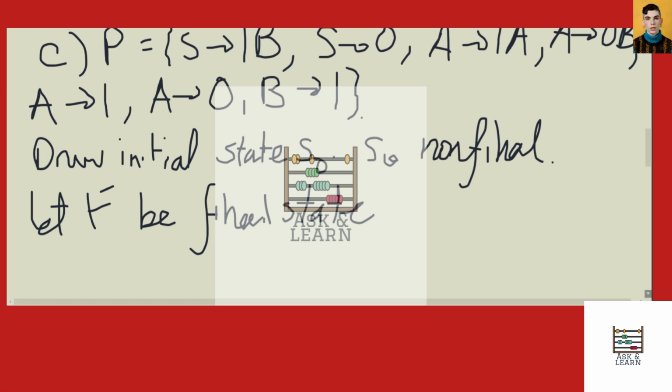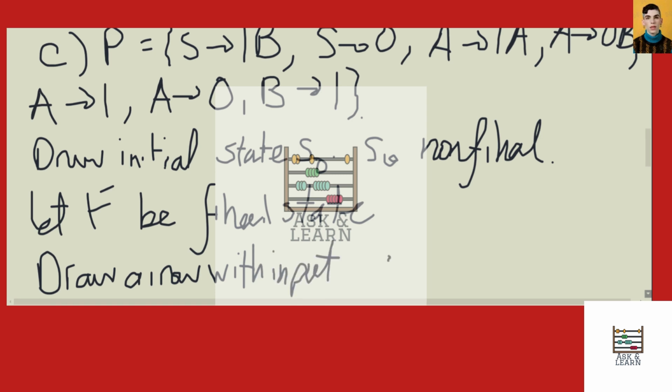Now draw an arrow with input 1 from S0 to SB. And this represents that S can be replaced by 1B.